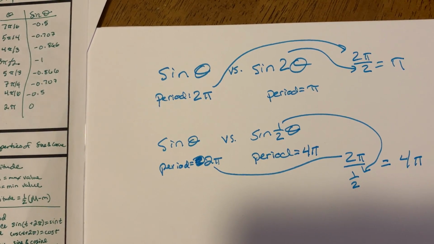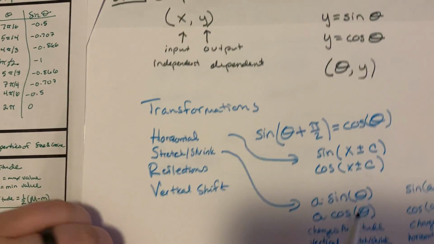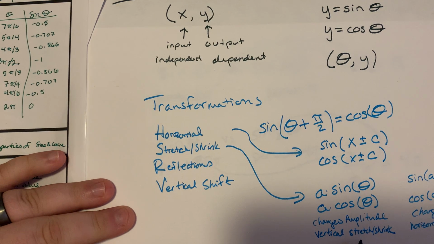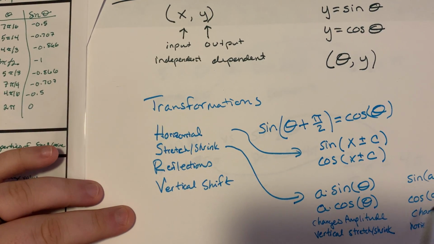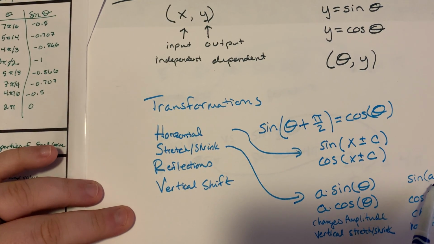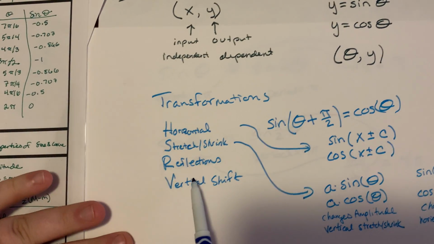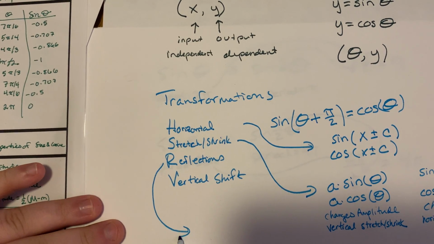And so whenever we have our stretch or shrink outside our function, it changes the amplitude, and it's a vertical stretch or shrink. Whenever we have our stretch or shrink inside the function in front of our theta, that changes the period and it becomes a horizontal stretch or shrink. Reflections work as we expect.